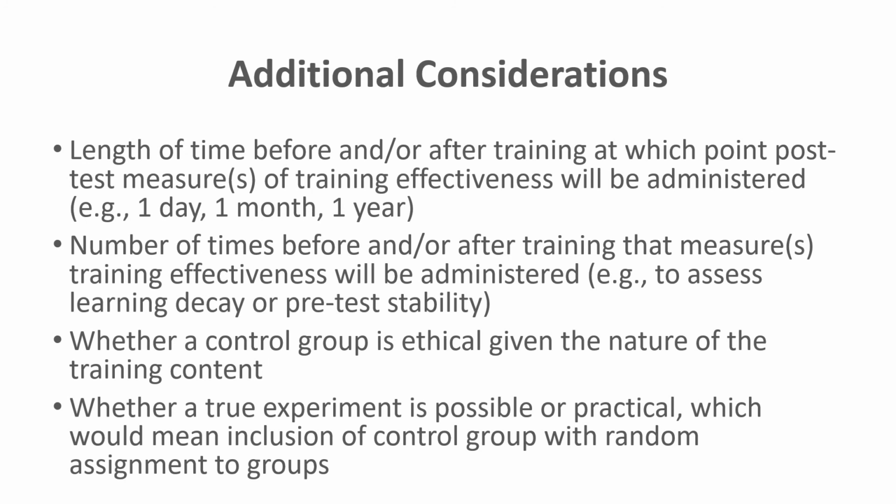And the reason for that can be to assess whether there's stability in the KSAOs or the behavior or competency or whatever it is that the training is trying to assess, to see whether or not that's something stable. And so that can be a way to get an idea of where people are actually starting, is you can kind of look at the average across multiple measurement occasions prior to people engaging in the training program.